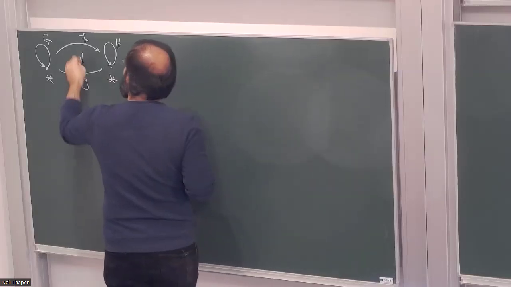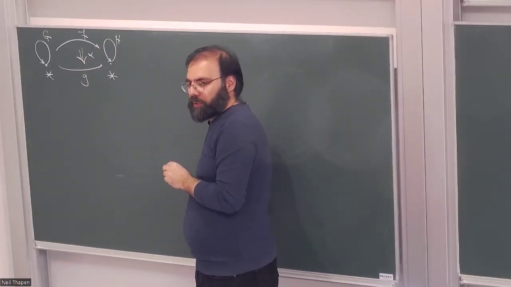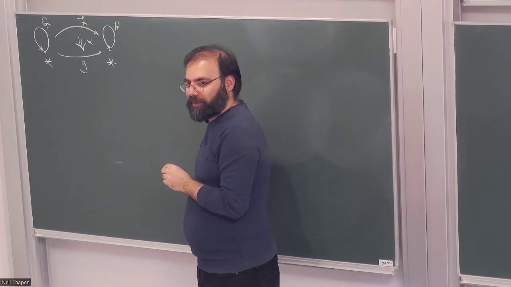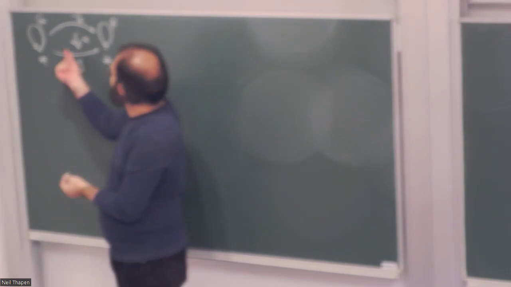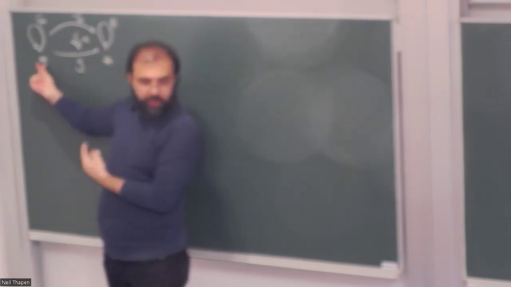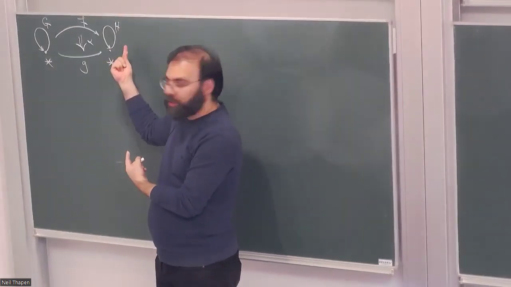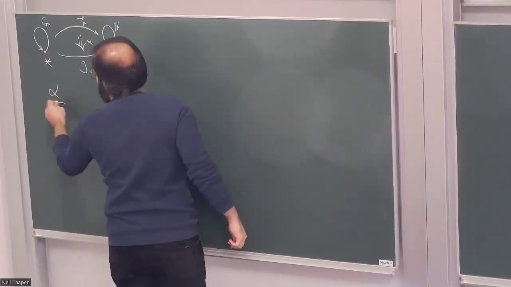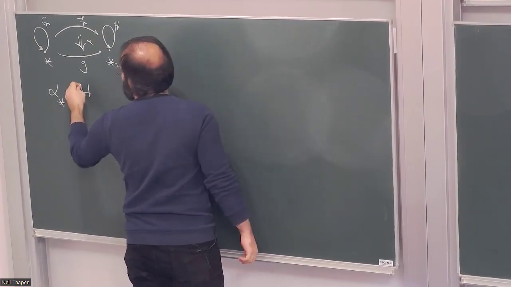What's a natural transformation then? Yes, but why? Because by definition, for any object, meaning just one object, I need a map from star to star. So alpha of that unique map should be something in H, a map.